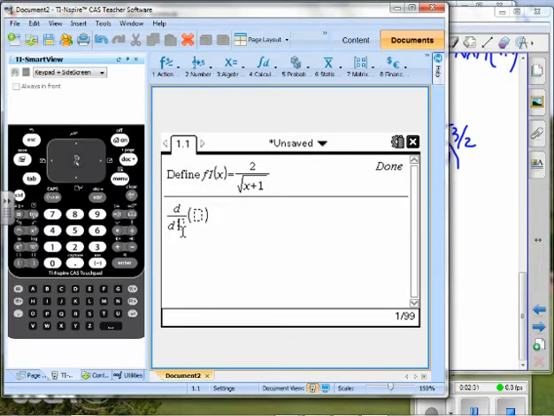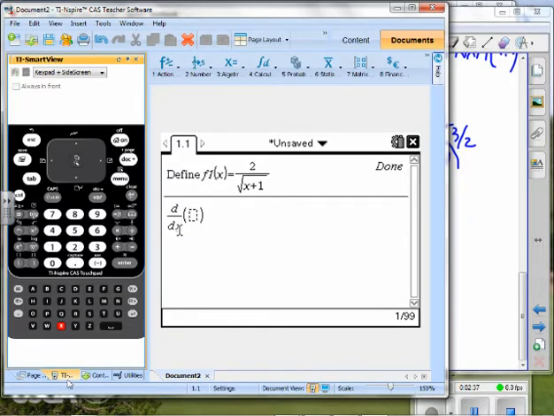But down here where it's blinking, you put the input variable, because we don't always use x. So ours is the derivative with respect to x, tab. And in here you put the output expression. Okay, you put the function. What is the function's value?